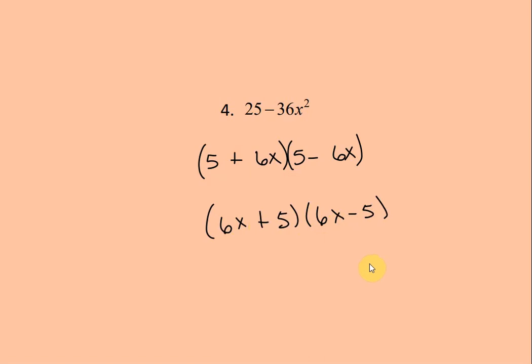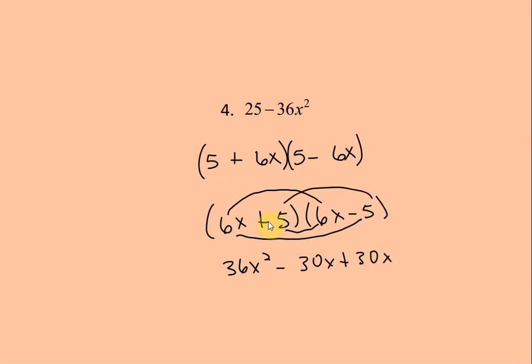But that would be incorrect, and let me show you why. If I were to multiply this back together, positive 6x times positive 6x would be a positive 36x squared. Then if I multiply my inner and outer terms, I would get a negative 30x and a positive 30x. And my last two terms, positive 5 and negative 5, would be a negative 25.